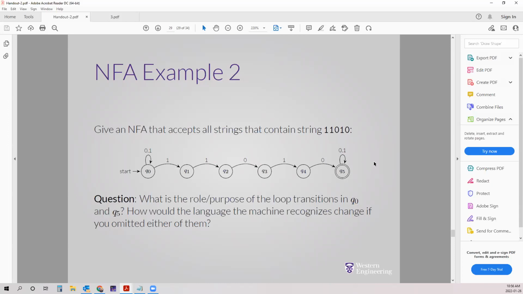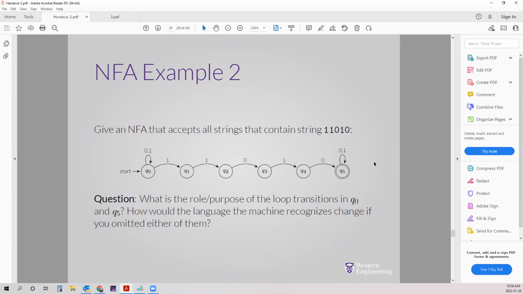Question: what is the role or purpose of the loop transition in Q0 and Q5? I answered this question. It helps me whether the substring is in the middle, at the left side, at the beginning of the string, or at the end of the string. It would help me whatever the situation is.